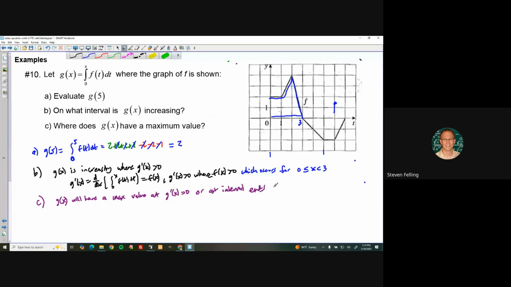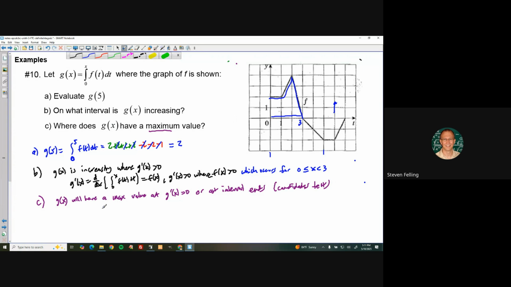So we're going to do a candidates test here to evaluate where g of x has a maximum value, because effectively we're finding the max value over the interval from 0 to 7.